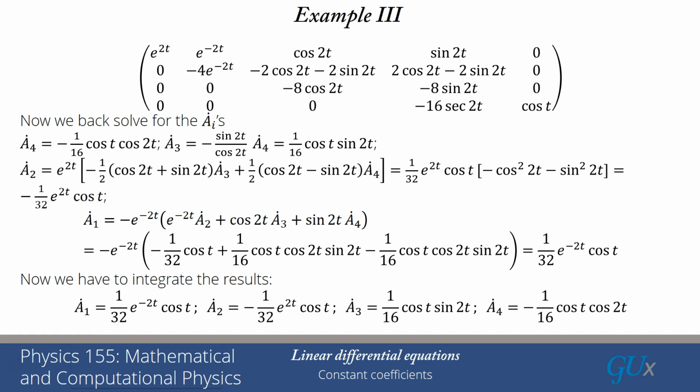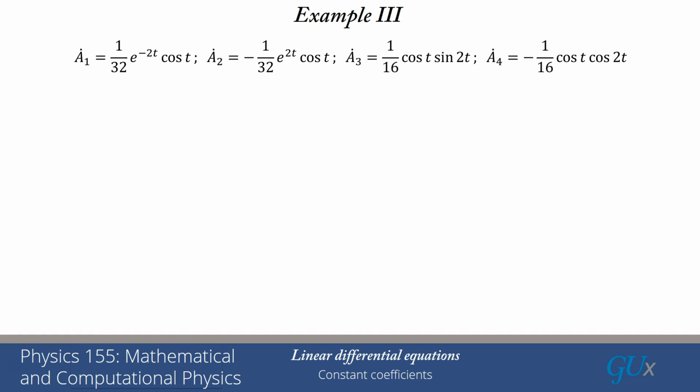Okay, now the other ones get a little bit more complicated, and we have kind of gone over how you integrate these kinds of equations, but the reality is this is now a time where you use something quick. So let's go ahead and look up in a table, or use Wolfram Alpha or a similar device to actually evaluate these integrals, and then we're going to get our final answer.